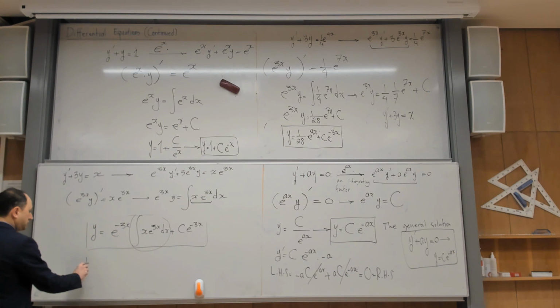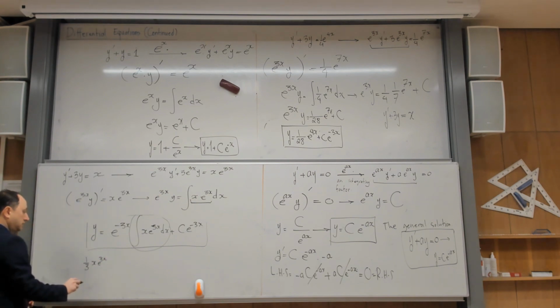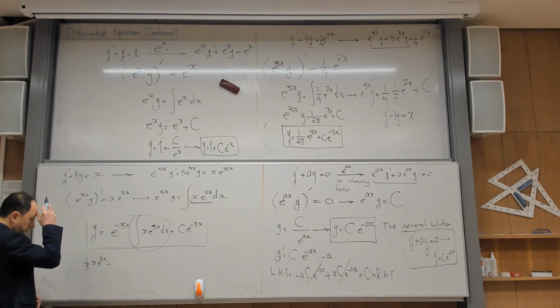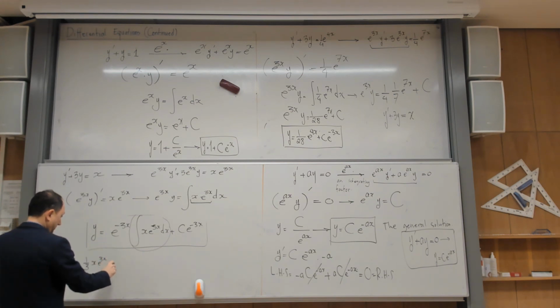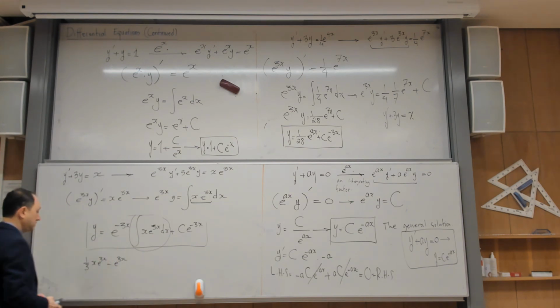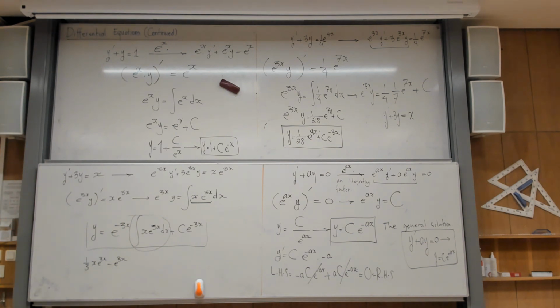So 1/3 of x e to the power 3x and minus, for example, e to the power of 3x. Do you think this will work?